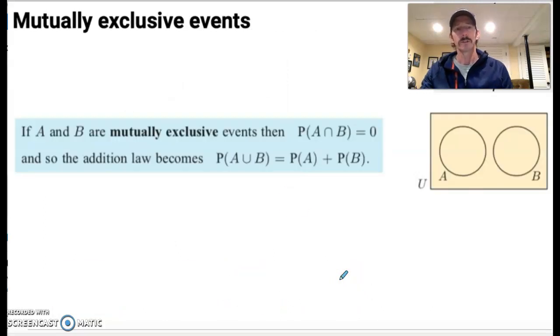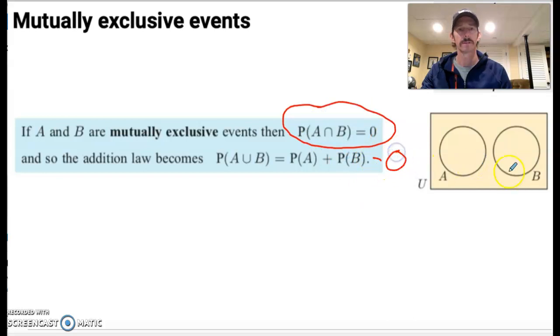Now, if you have mutually exclusive events, guess what? Their intersection is 0. It's the empty set, so I don't need to write minus 0 because there is nothing in common. So if you know your events are mutually exclusive or disjoint, then this union, this OR, A or B happening, is just you add up A and B, and you don't have to worry about an overlap because there is none.